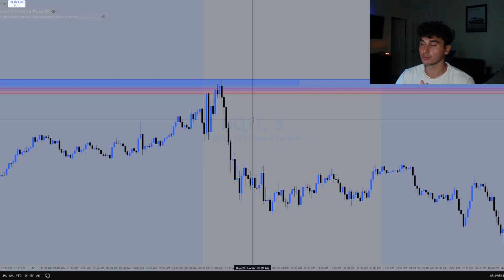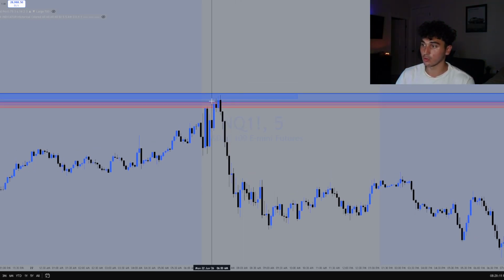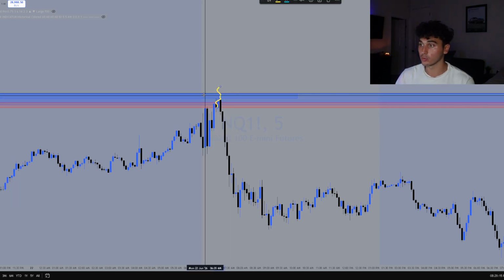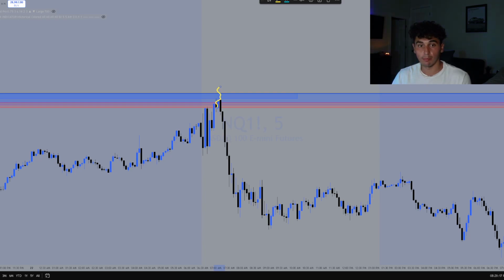Think of your supply zones and your demand zones as an overall barrier, okay? And just like a barrier in real life, in order to break through that barrier, you need an extended amount of pressure, of force, right? Just like our supply zone. In order for price to break this supply zone and continue further, we would need an extended amount of buying strength, right? Of buying momentum.